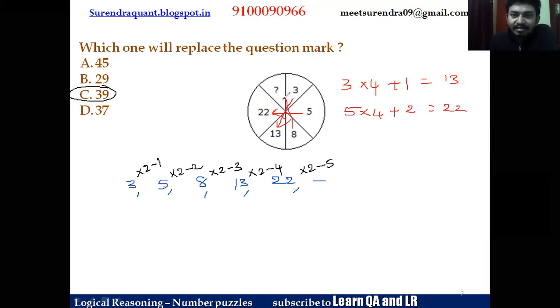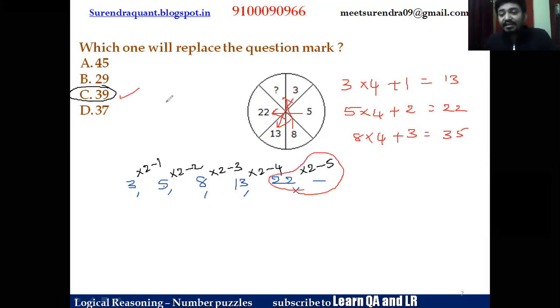Now similarly, 8 4s are 32 plus 3, 35. So even 35 also makes sense, but 35 is not there. So as per the given options, 39 makes the best possible logic. So the missing term is 39. If 35 is there, even that could be the correct answer.